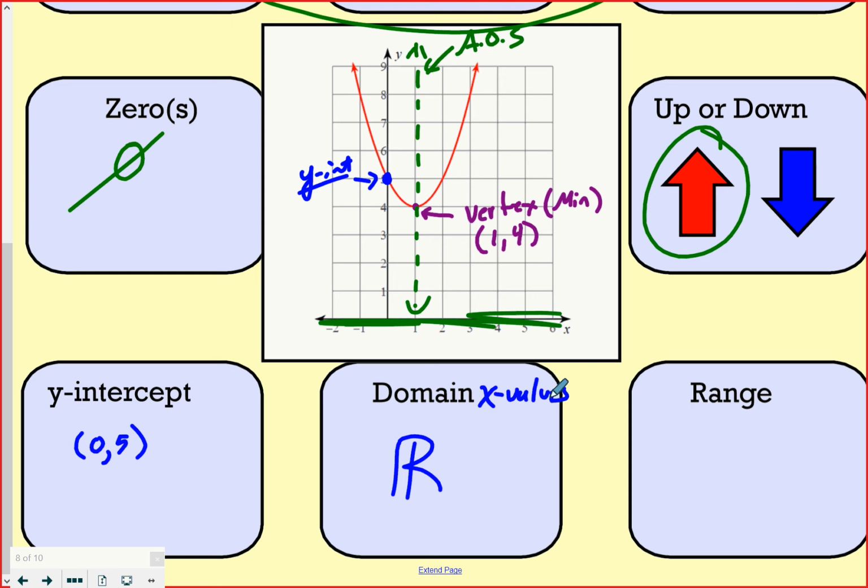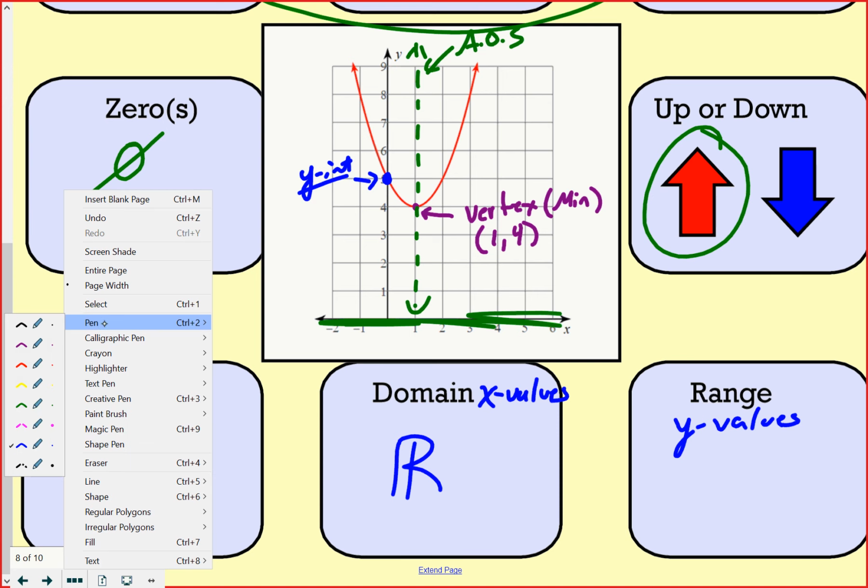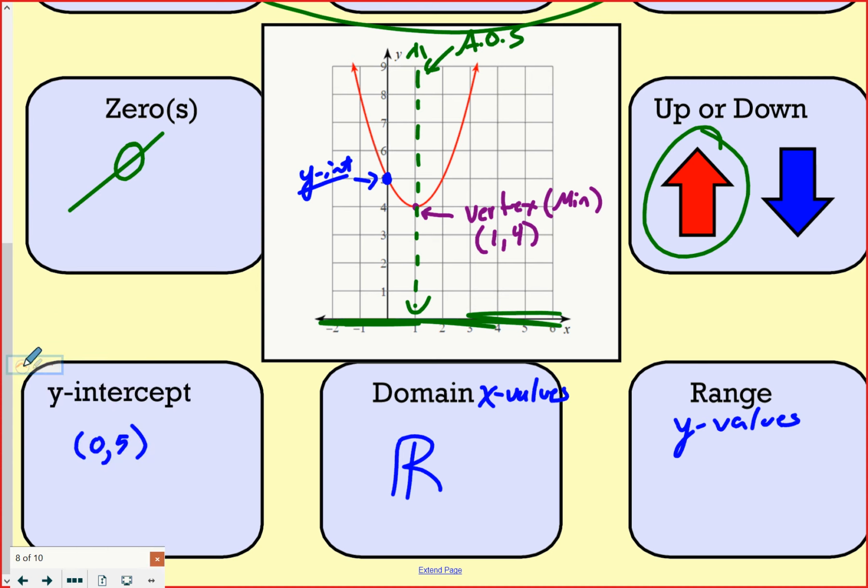What there is going to be a restriction on is your range, because remember, your range are all your possible y values. Okay? So if I'm looking at this in my graph, I guess I can use red here.